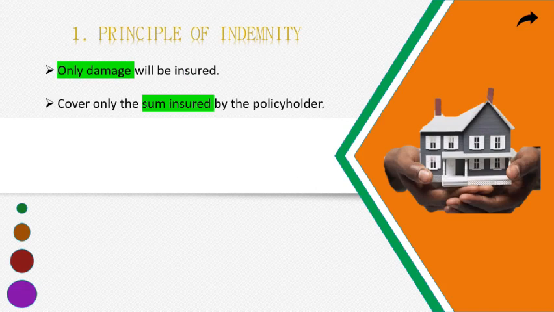That means insurance covers only the sum insured by the policy holder. The policy holder will not be eligible to benefit from his entire loss. Insured cannot make any profit from the insurance contract. Insurance contract is meant for coverage of losses only.